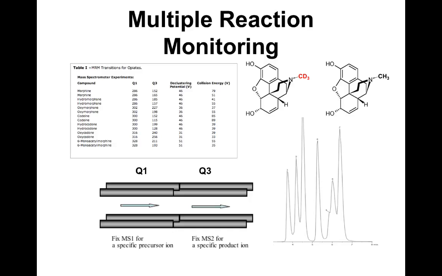So this is standardly used in clinical triple quad mass spectrometry or clinical ion trap mass spectrometry. And this is an example of a compound where it's deuterated and non-deuterated, and so those two are added, or the deuterated version is included.